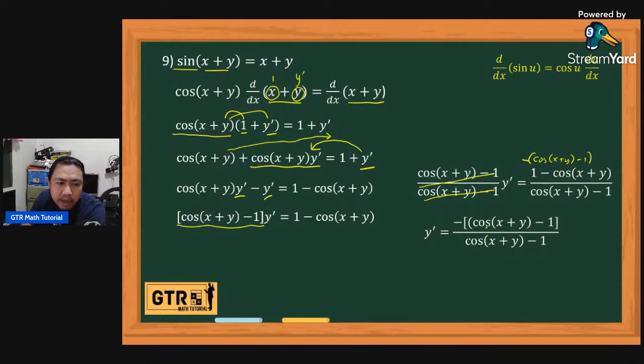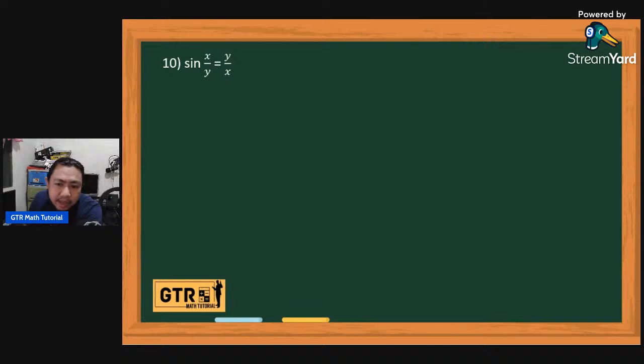Since they are equal, cosine x plus y minus 1 over cosine x plus y minus 1 is simply equal to 1. So therefore, the final answer is y prime equals negative 1. Negative 1 lang pala.